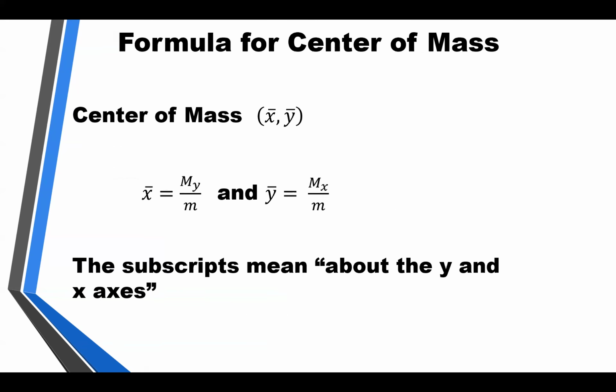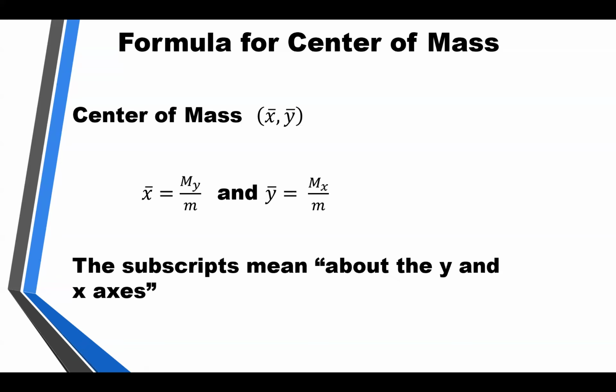If I'm looking for the center of mass, it is the moment about the y-axis divided by m as my x value, and the moment about the x-axis divided by m as my y value. Notice that when you divide these two, the density is going to cancel out.